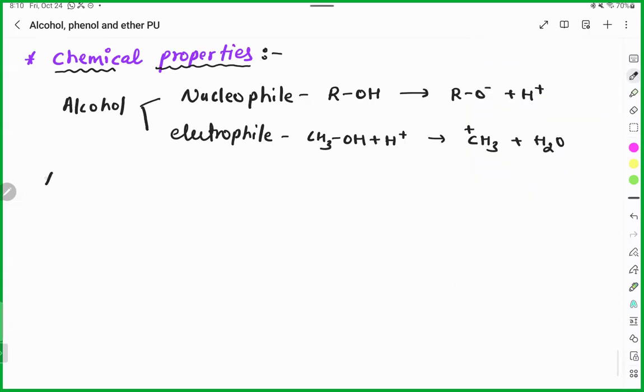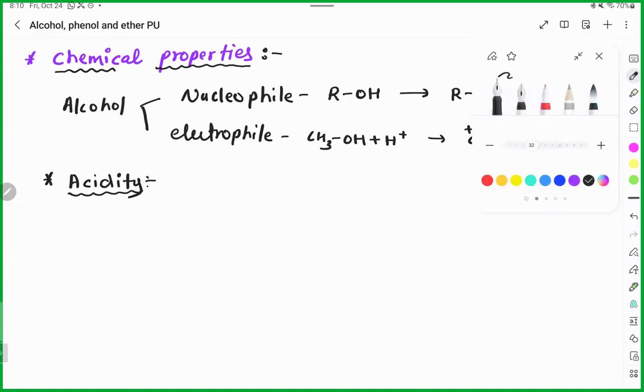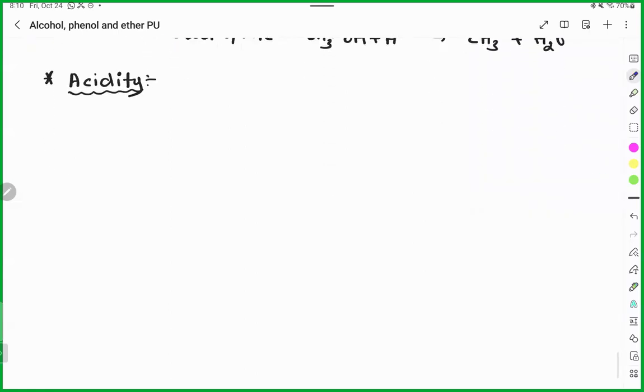Next, very important for us, is acidic property, acidity of all the alcohols and phenols. Samarth, what is the common way, what are the factors affecting the acidic property of any organic compound? I'm not talking about only this, in general. So stability of conjugate base. Stability of conjugate base. Yeah. So, for example, you have any acid. Example, we are considering this is an acid.